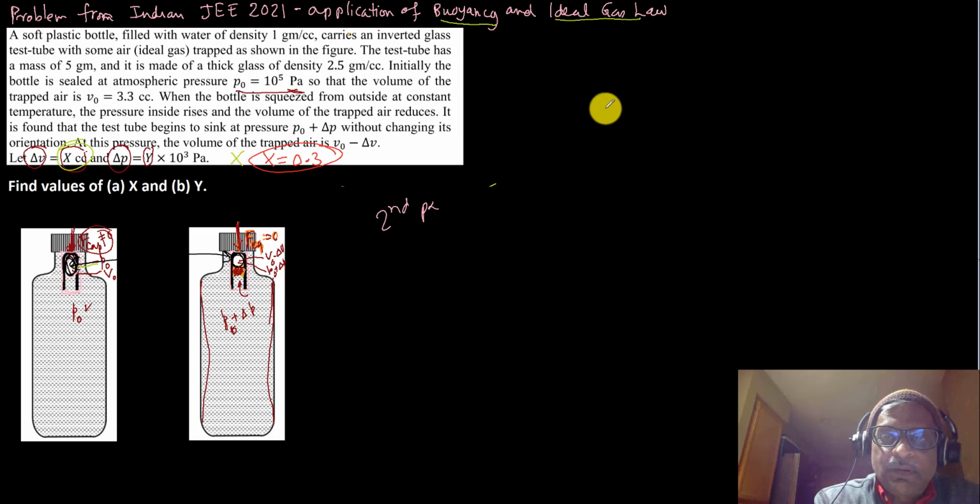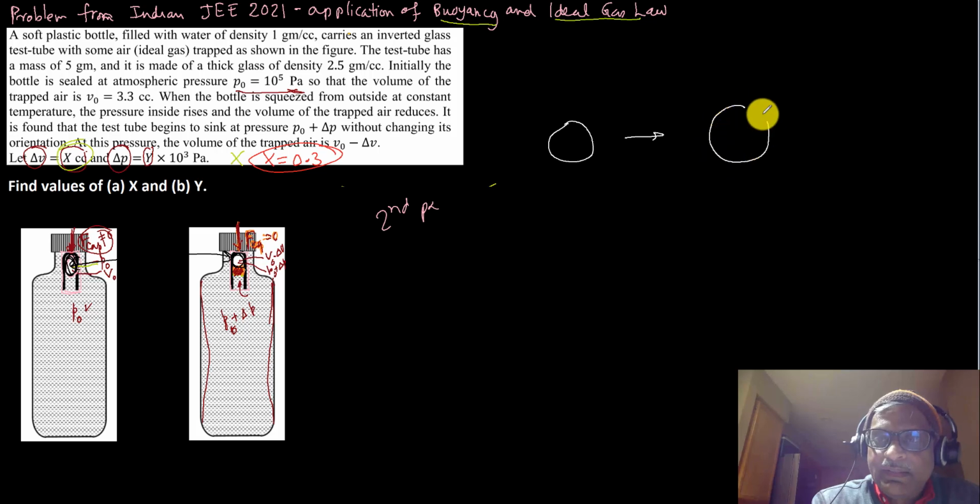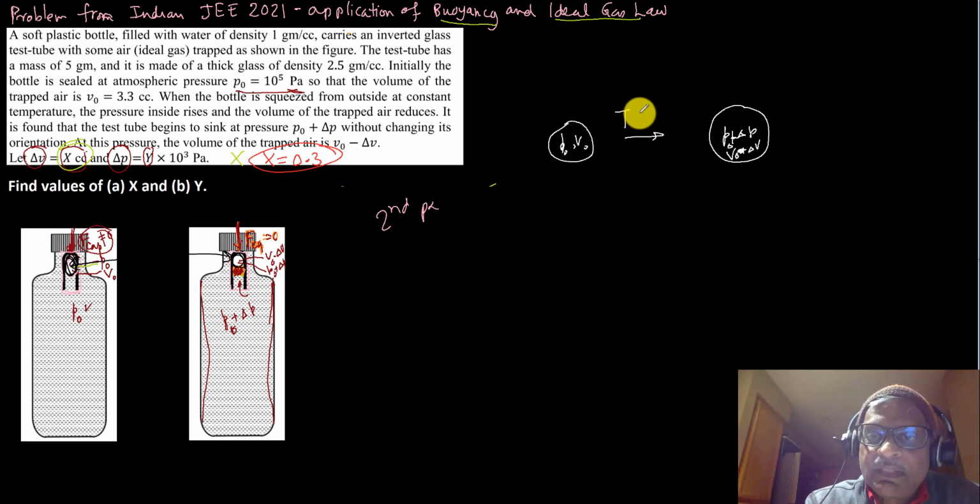So you had some amount of gas, and its pressure became P0 minus delta P, and volume became V0 plus delta V. Or the other way around, this plus and this minus, and used to be P0 V0, and temperature was constant.